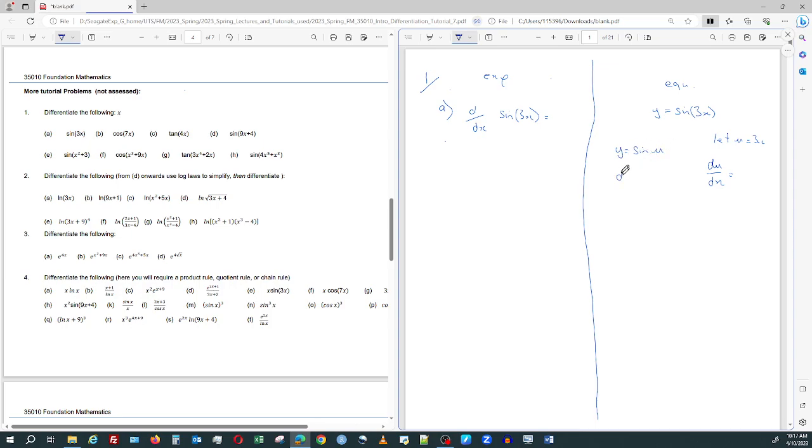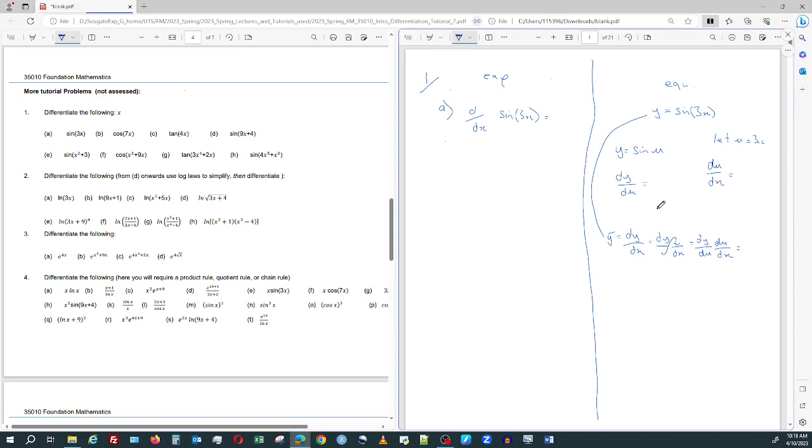Then it becomes clear that we'll do this one time. y dash is equal to dy dx, which is equal to dy du times du dx. So being able to do that step is the big part of what the chain rule is all about.